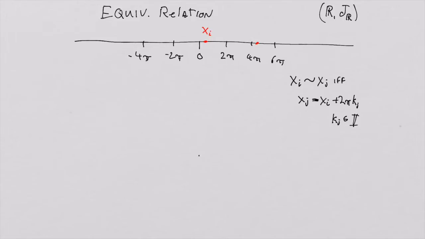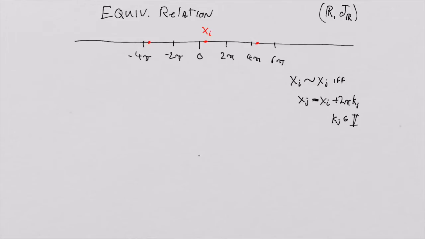Or by likewise subtracting 2 pi from xi, which would put it right here. And what this relationship is saying is that if I can find an integer that makes this true, then xj is equivalent to xi.